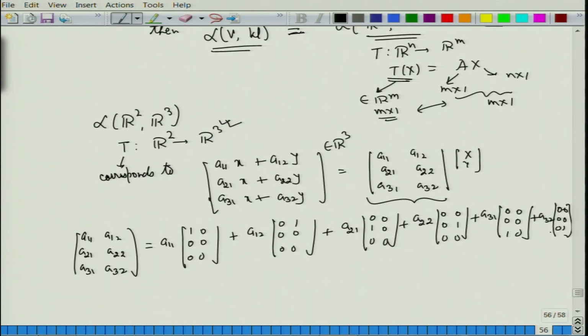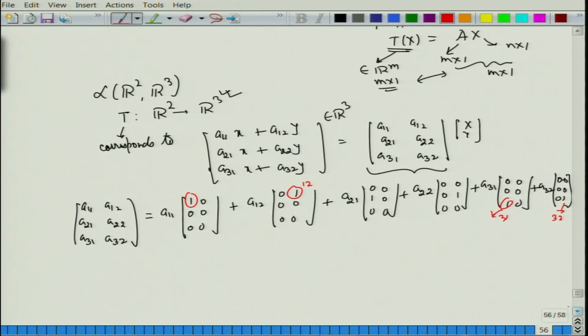Important here is that this one is the 1 1 entry, this entry is the 1 2 entry, this entry is the 3 1 entry, and this is the entry 3 2. That is the way to remember it. So, what we are trying to do here is, it is nothing but A11 times, so this is the first matrix, 1 0 0, and I am multiplying it by 1 0.